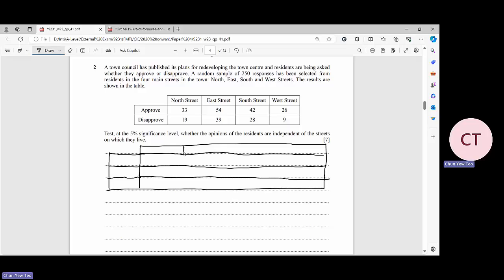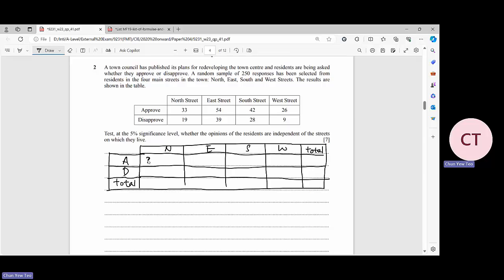We have North Street, East, South, West, and we have a total here. This one is approve, disapprove. Maybe I just write the initial: A for approve, D for disapprove, North, East, South, West.